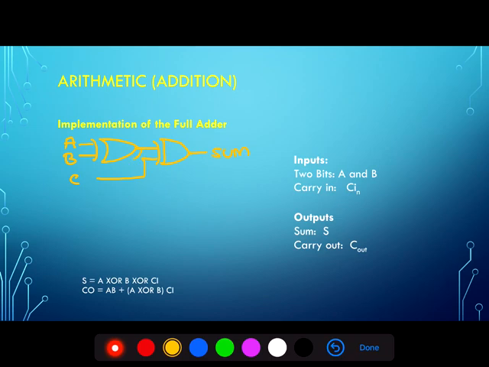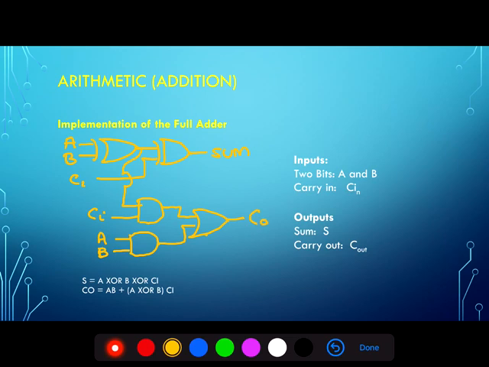But now we can use this output of the first XOR gate to AND with Ci, and then we'll OR that with A and B. We have two AND gates here, and finally an OR gate, which will generate our other output, CO.